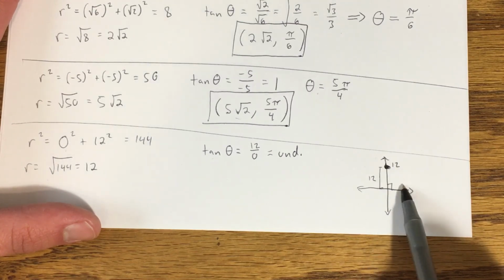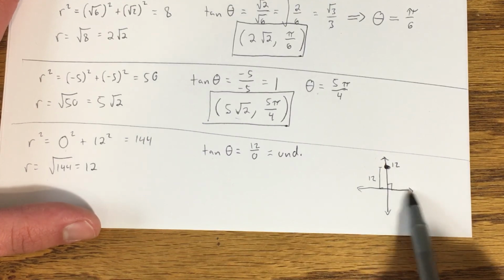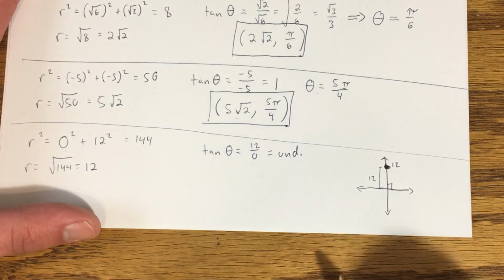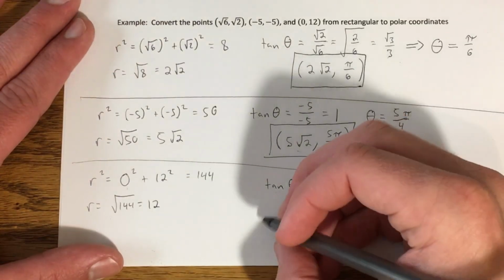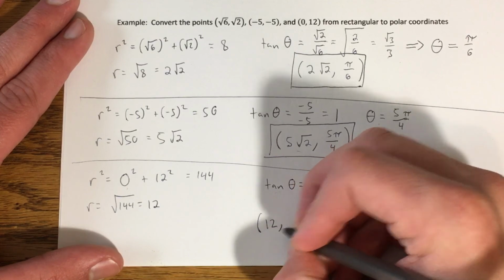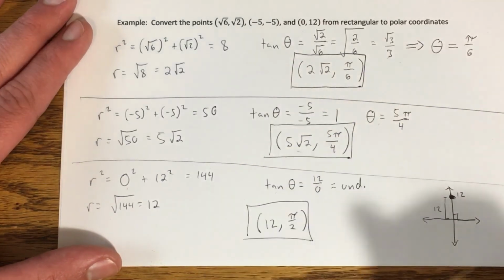If the point lies on either axis, the distance between that point and the origin is just a straight horizontal or vertical line, which you can very easily see what that length is. So taking all of this and putting it into our polar coordinates now, we have (12, pi over 2) as our polar coordinates for that point.